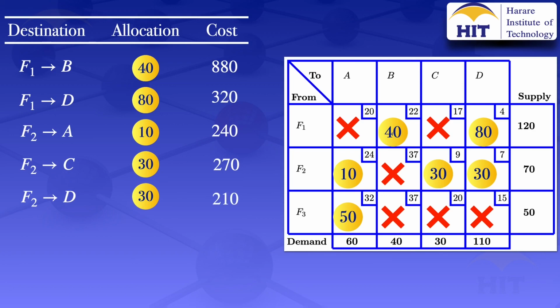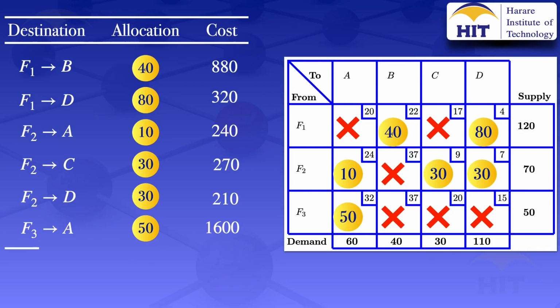Then for the last one, from F3 to A, we are allocating 50 units at a unit cost of 32, and the cost there will be 50 times 32, which gives us 1,600.